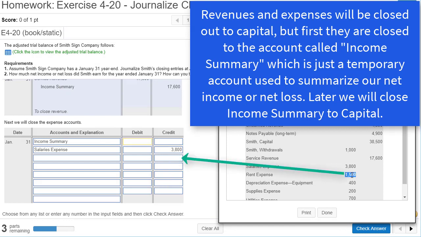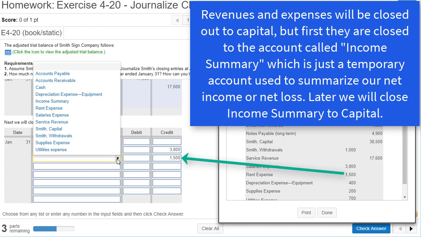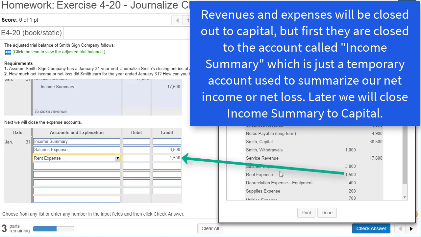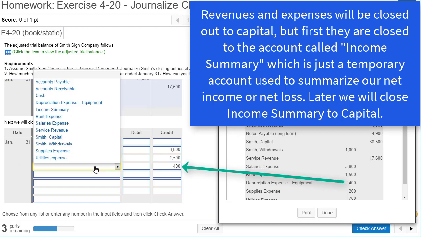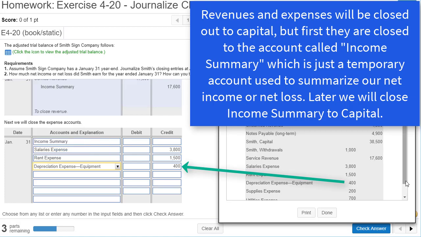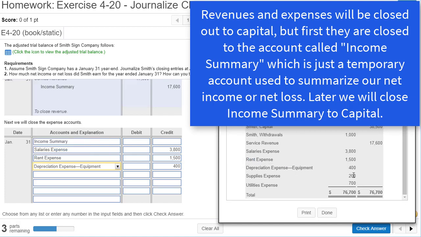So our next expense is rent expense. We're going to close that out, $1,500. And I'm putting it on the credit side because an expense normally has a debit balance, so to close it out, you have to put it on the opposite side. Rent expense is being closed. Next, we have depreciation expense, $400. Then we have $200 supply expense.